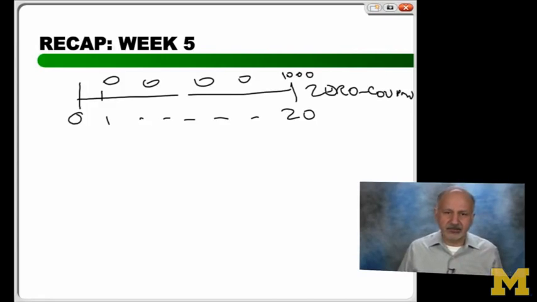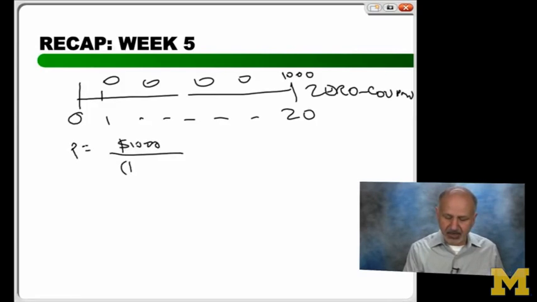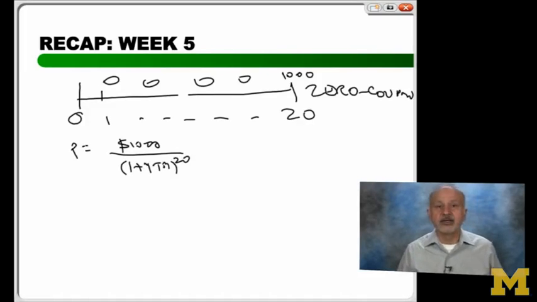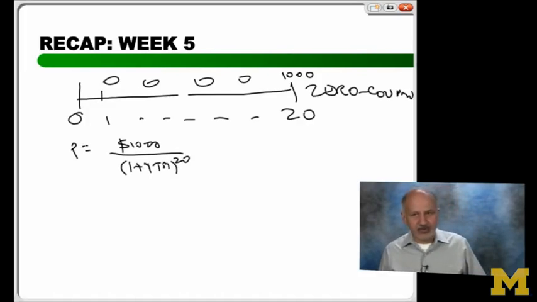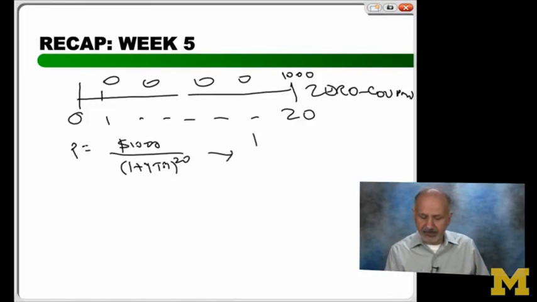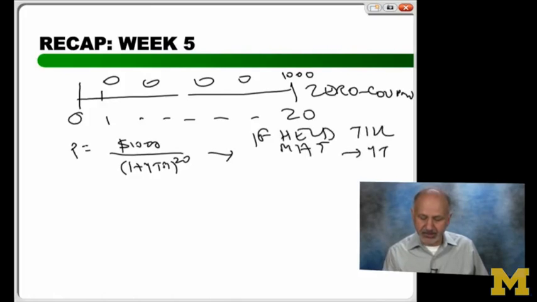What is the nature of this beast? It's the simplest animal for 2 reasons. One, price is equal to 1,000 discounted by 1 plus yield to maturity raised to power 20. Very straightforward. The second, if held till maturity, you get the yield.